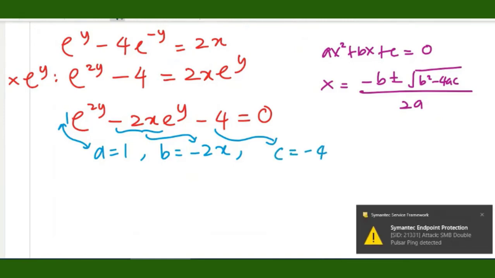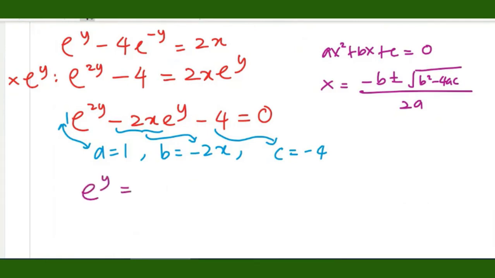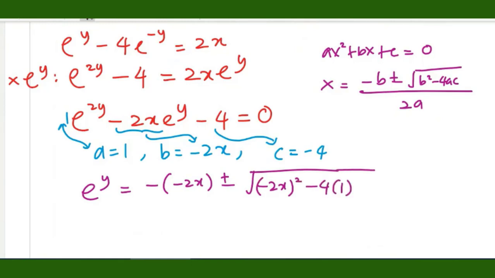So substitute this into the quadratic formula of e^y. So we will end up having e^y equals negative of negative 2x plus minus the root of negative 2x squared minus 4 times 1 times negative 4, over 2 times a, which is 1, obviously.